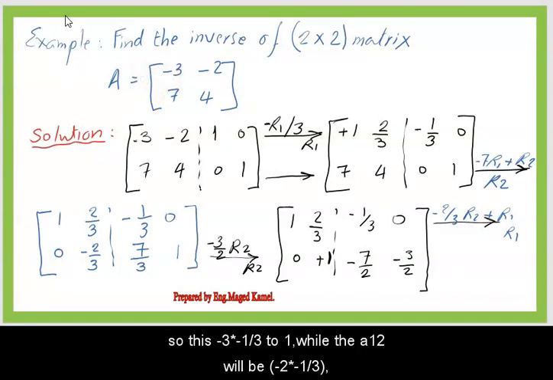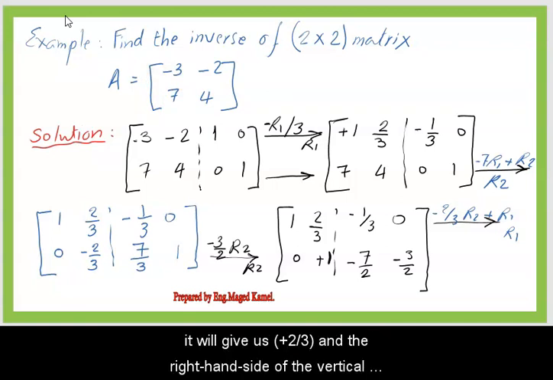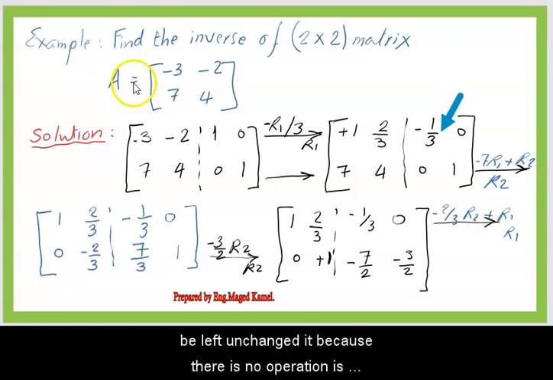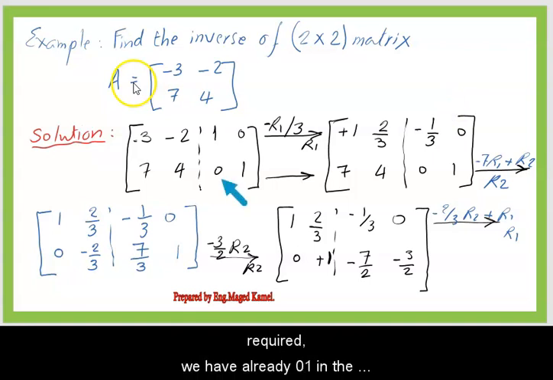So -3 multiplied by -1/3 will be equal to 1, while for the element A12, -2 by -1 over 3 will give us +2 over 3. And the right-hand side of the vertical bar will be -1/3, 0. The second row is left unchanged.